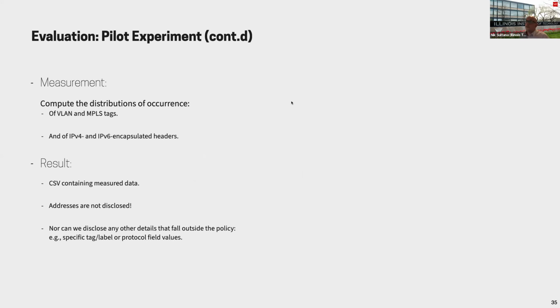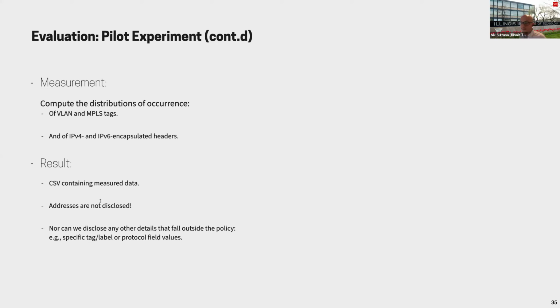So then, in terms of measurements, I want to compute the distribution of how frequently tags occur, without being specific to certain tags, and same with the protocol or next header values. And what I get out of that is the count of these values.